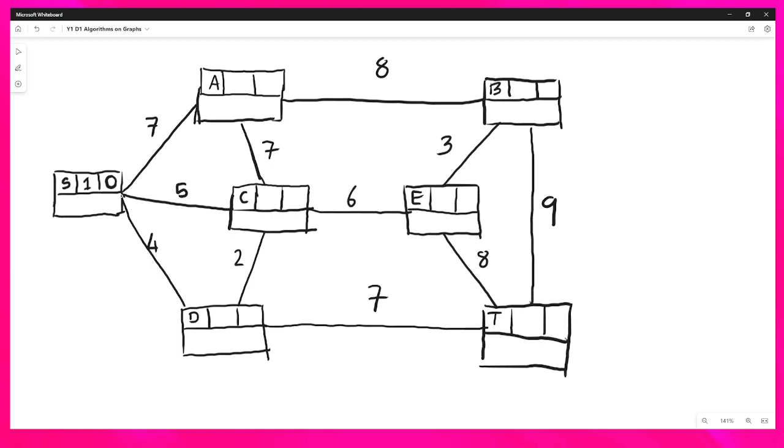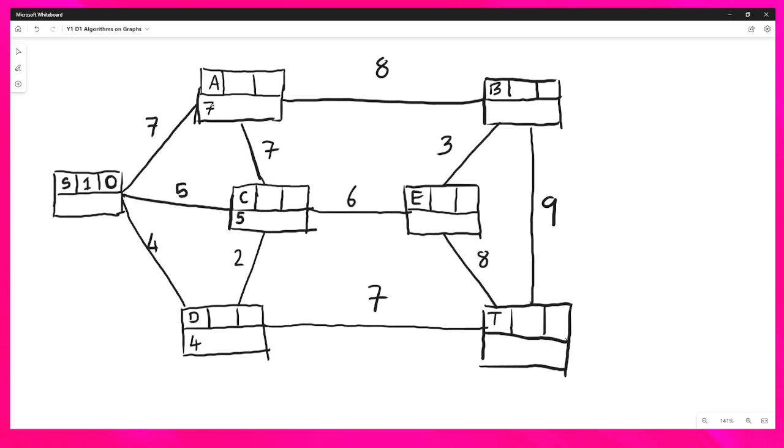What we're going to do is look at all of the arcs that come out of S and write down the weight in their destination working spaces. So the weight of S to A is 7, that goes there. S to C is 5, and S to D is 4.